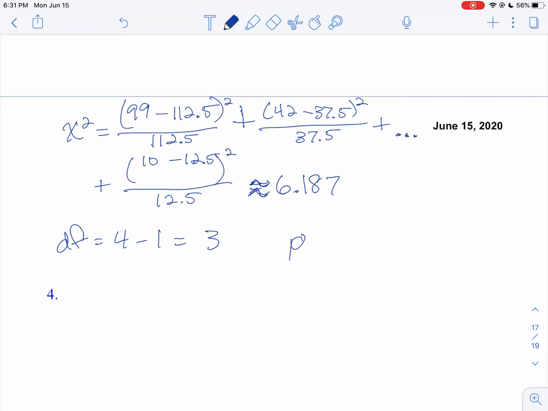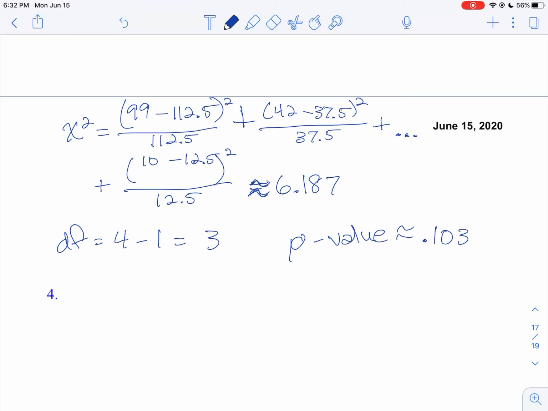And my degrees of freedom is 3, obviously, and my p-value from my calculator is about 0.102873336, so about 0.103.